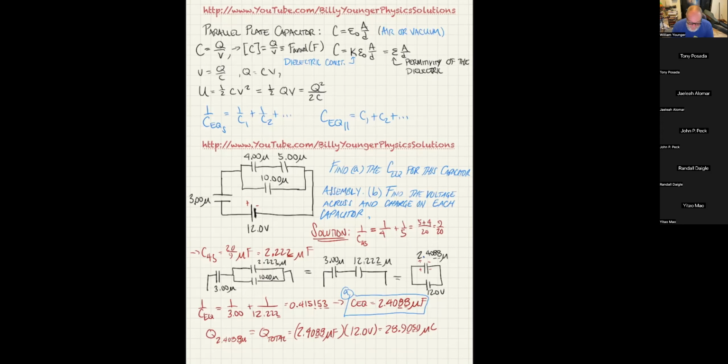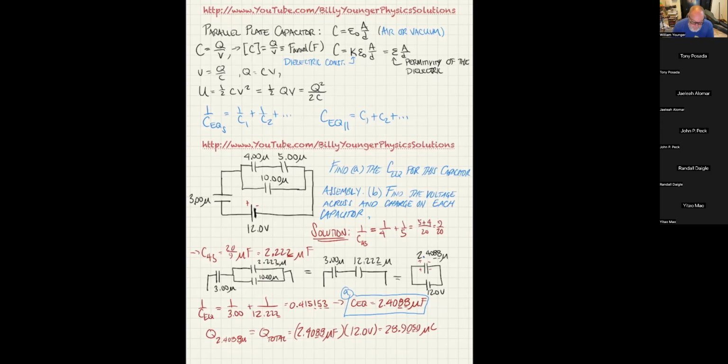And then that's going to scare away an equal amount of positive charges from the top plate. And then that negative plate is going to become the exact same charge, but negative. So the negative plate will have negative 28.9050 microcoulombs.